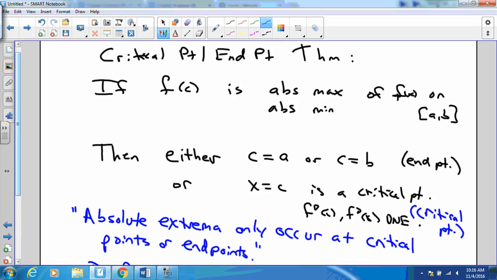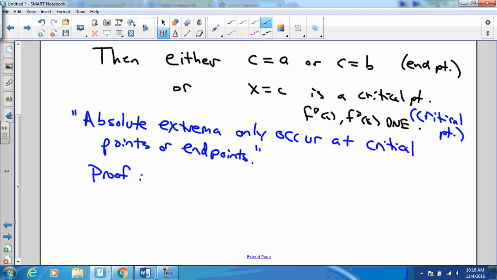So, let's start with our if part. Let's start with the fact that f of c is an absolute max. We'll let the min part take care of itself. Is that fair? So suppose f of c is an absolute max. It has to be a local max.